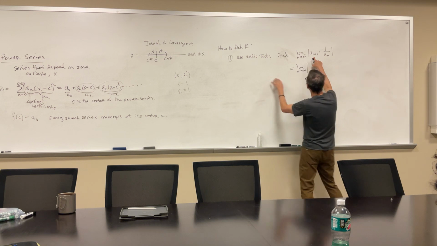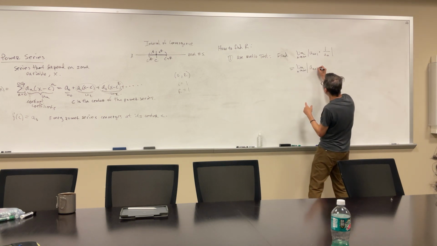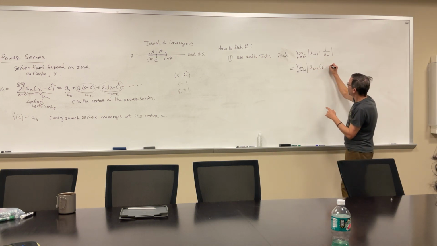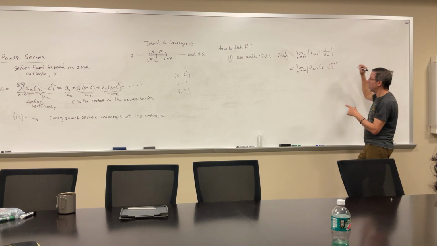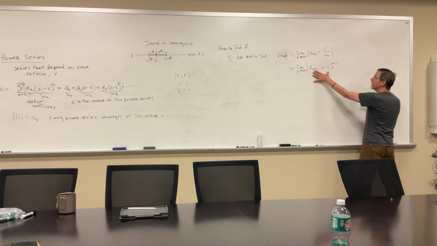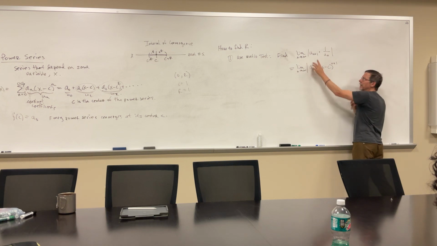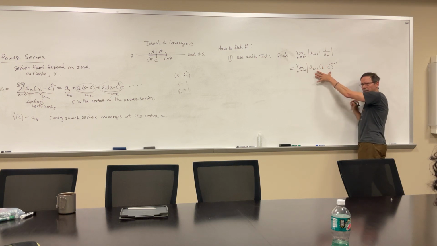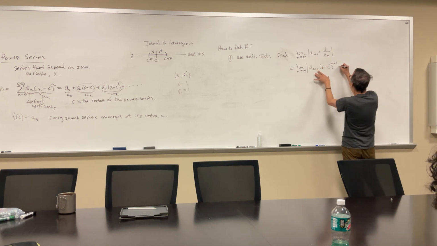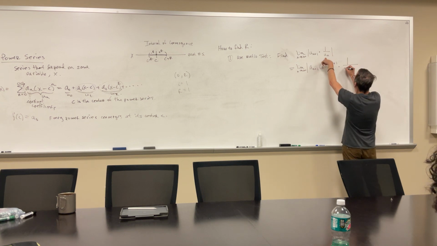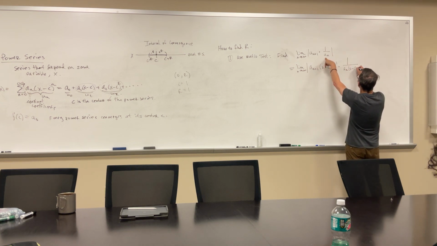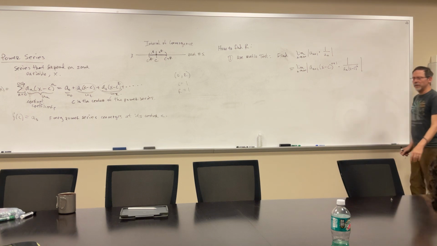What is u sub n? It's a sub n plus 1 times x minus c to the n plus 1. Does that make sense, how I'm grabbing that? This u sub n, that thing we just talked about, that's what I'm writing here. Times 1 over a sub n times x minus c to the n, absolute value.